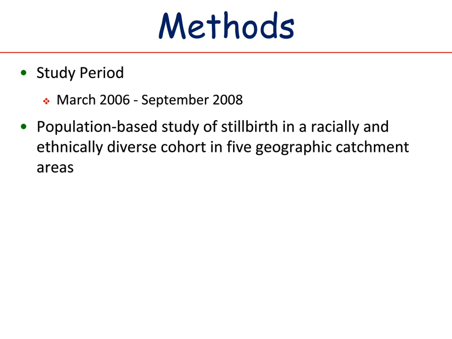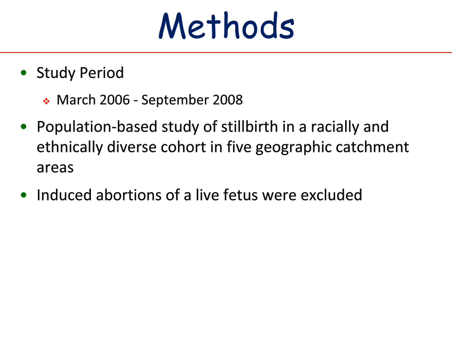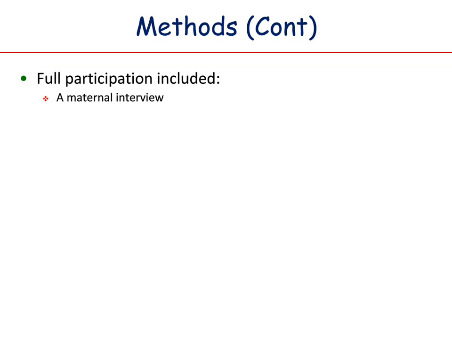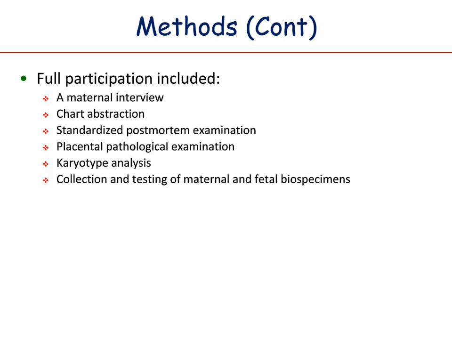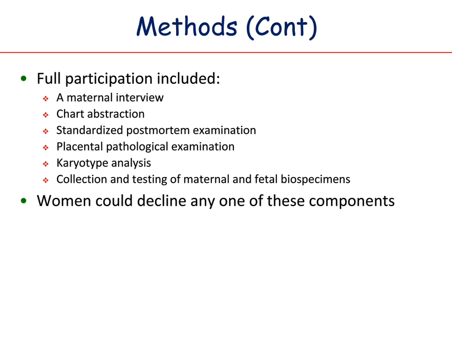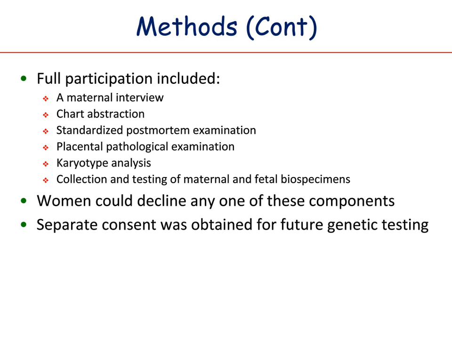Induced abortions or those of a live fetus were excluded. Full participation included a maternal interview, chart abstraction, standardized post-mortem examination, placental pathological examination, karyotype analysis, collection and testing of maternal and fetal biospecimens, and women could decline any one of these components. A separate consent was obtained for future genetic testing.